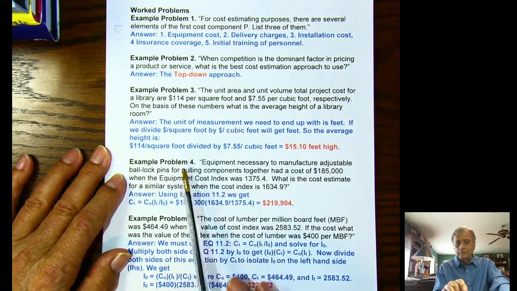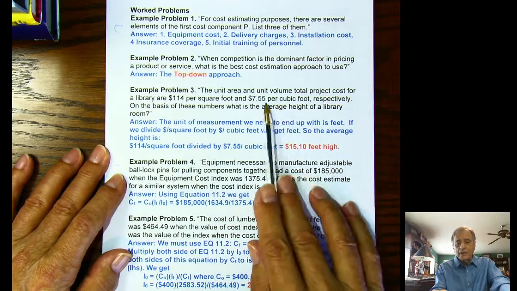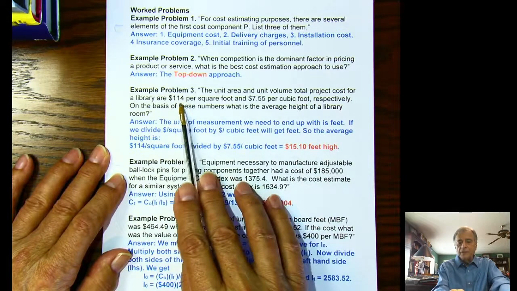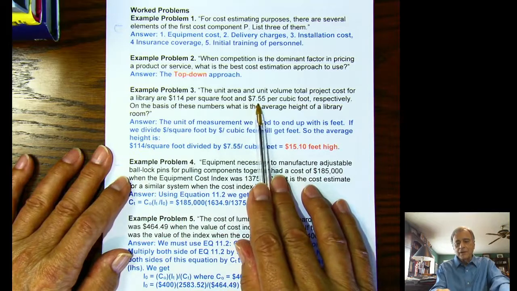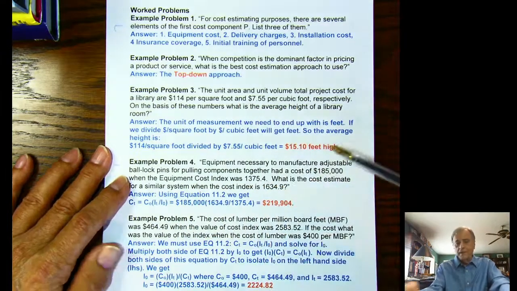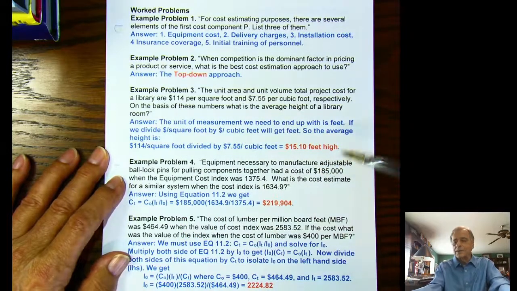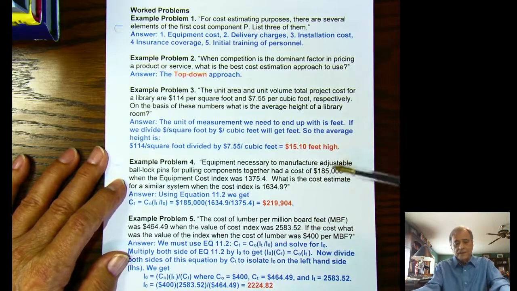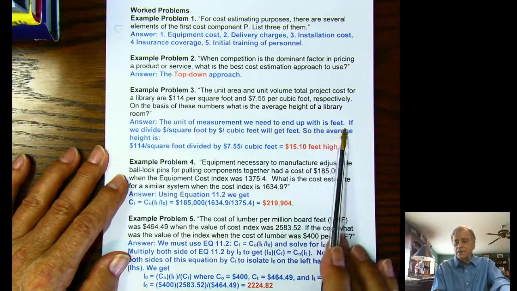You divide dollars per square foot by dollars per cubic foot, and that will give you feet. So you divide this by this. Here we're just kind of keeping track of units like we did in our physics class. And so the unit of measurement that you need is feet.